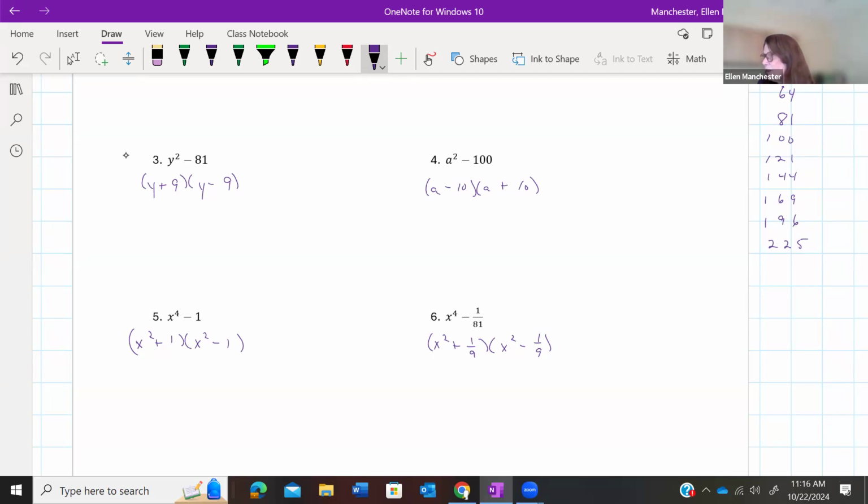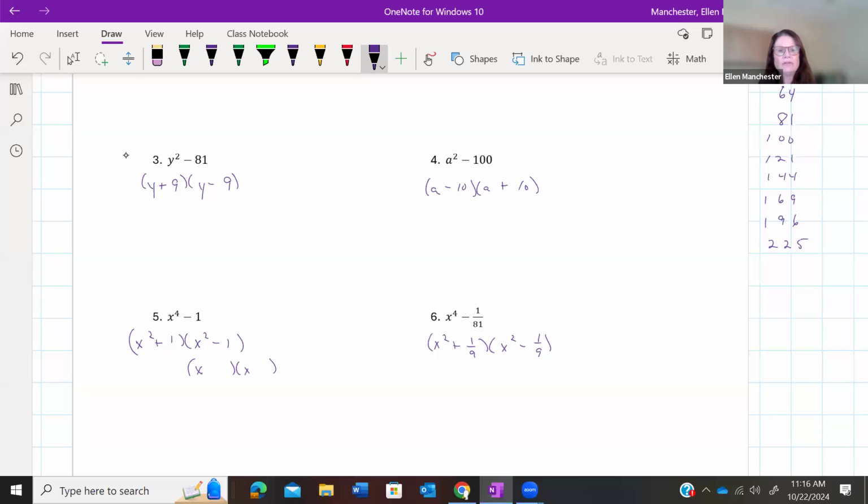So that's why you have to have an even exponent for it to be a perfect square. You just cut it in half. But this x squared plus 1, we can't do anything with. But the x squared minus 1, that's another difference of two squares. So sometimes you have to do it a second time.